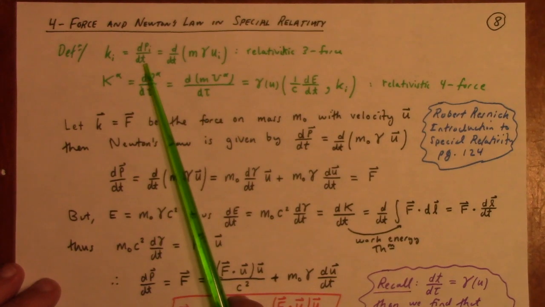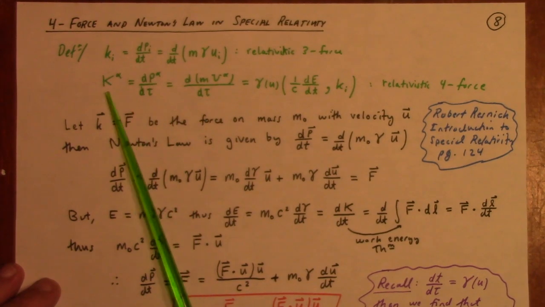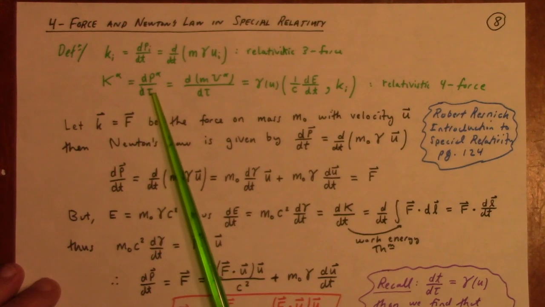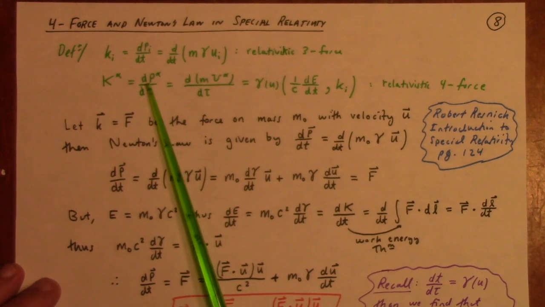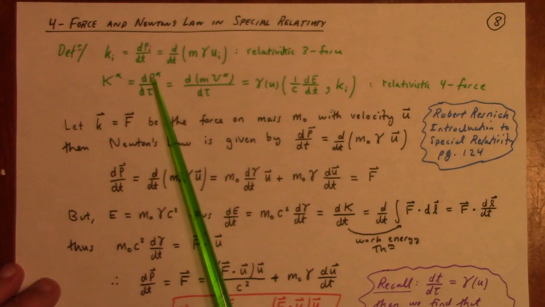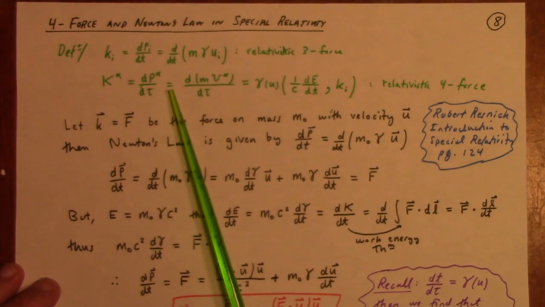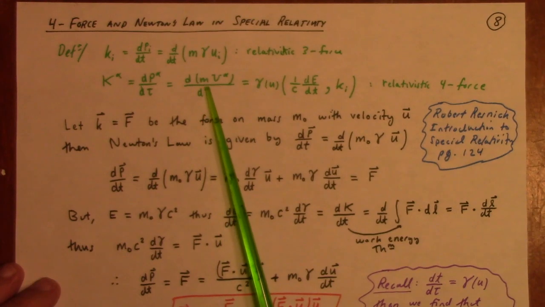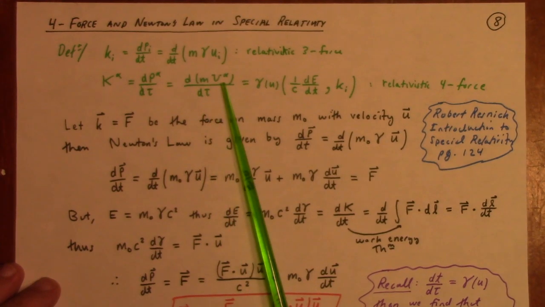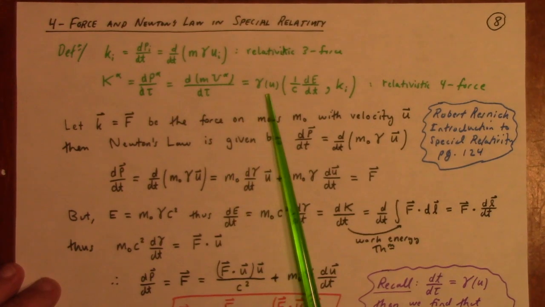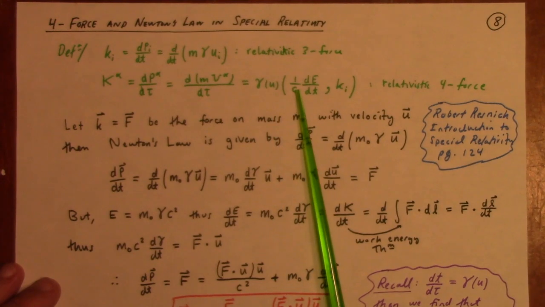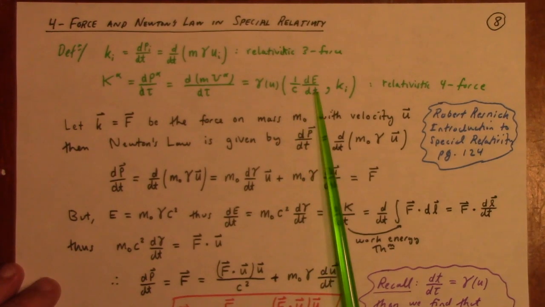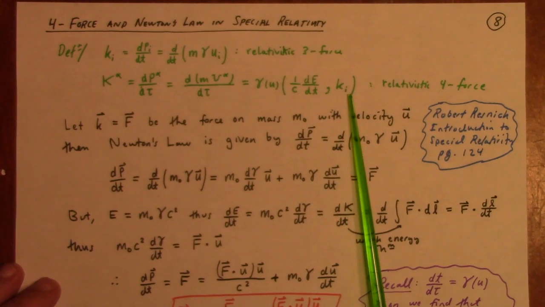That is part of a four-force, k upper alpha, which you can define as the proper time derivative of the four-momentum, which is the proper time derivative of the mass times the four-velocity. And that is equal to gamma u times (1 over c dE/dt, k sub i).